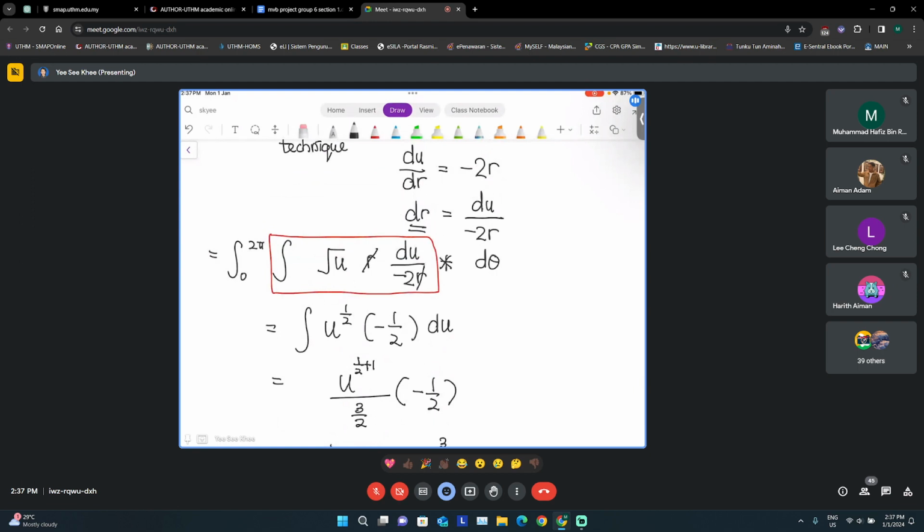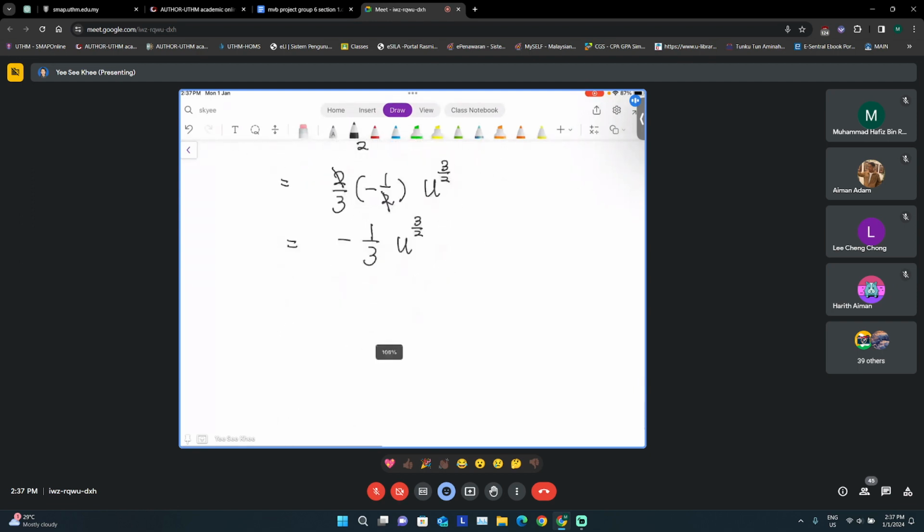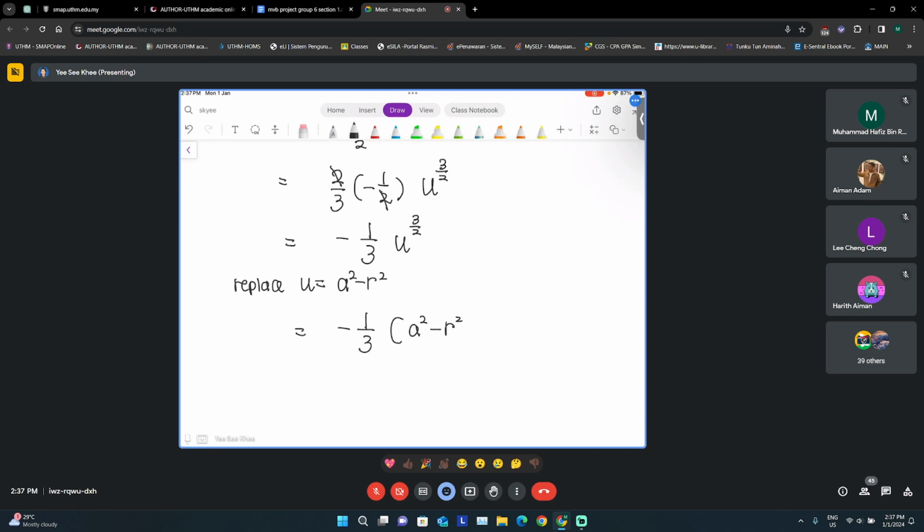But you haven't replaced the value yet. So now you replace the u with a square minus r square. It will be negative 1 over 3 a square minus r square, power 3 over 2.